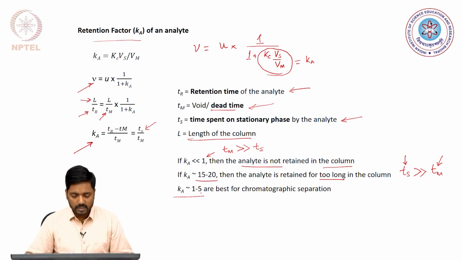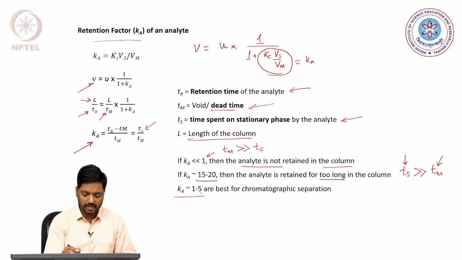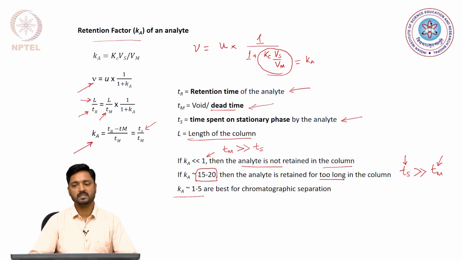Now, it is important also to note that a large Ka value of say 15 to 20 indicates that the analyte is spending long times inside the column.